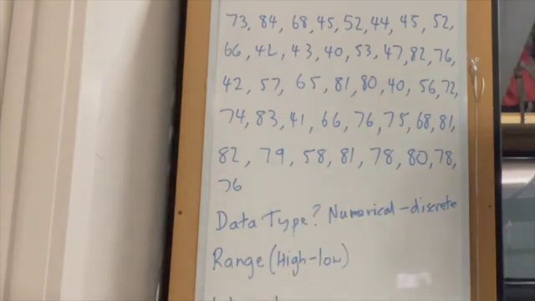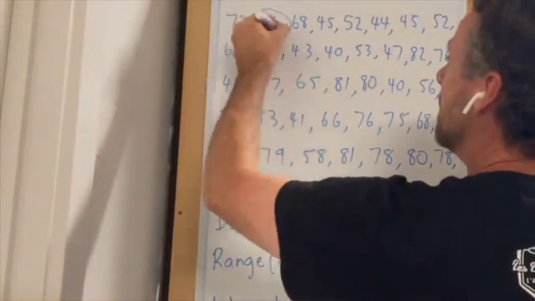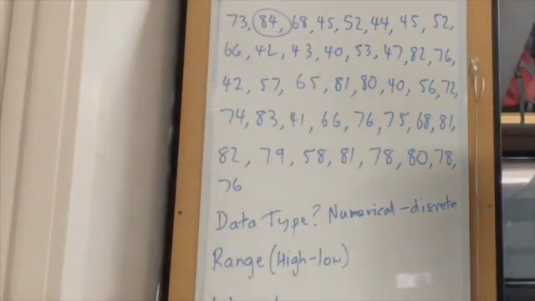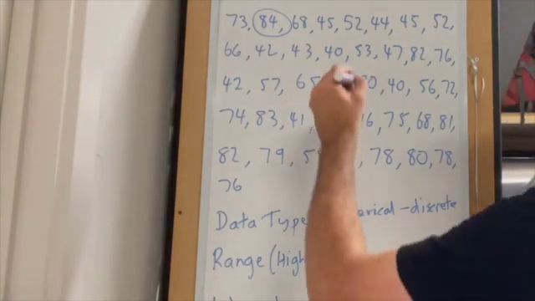Now, one of the things is the range. The range is where we take the highest number and we remove from that the lowest number. In this case, 84 is the biggest score that the team scored for the season, and the lowest score was 40.